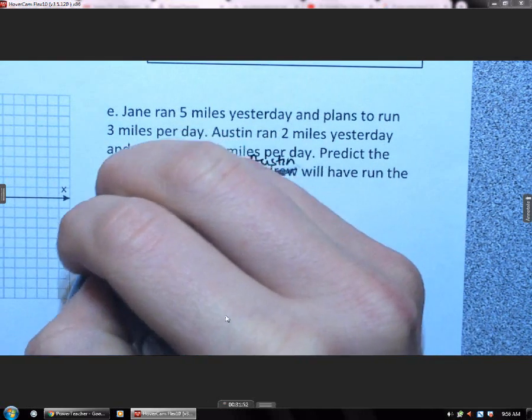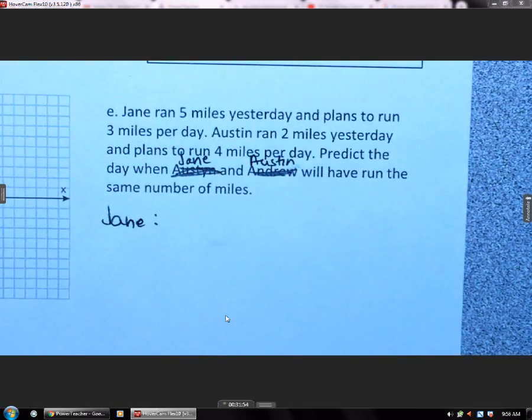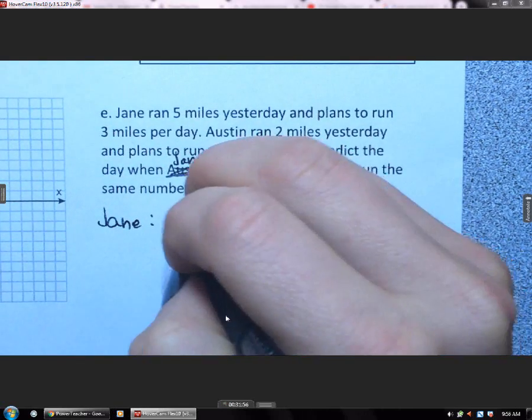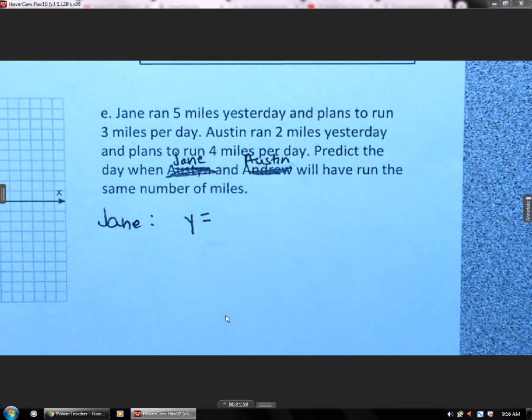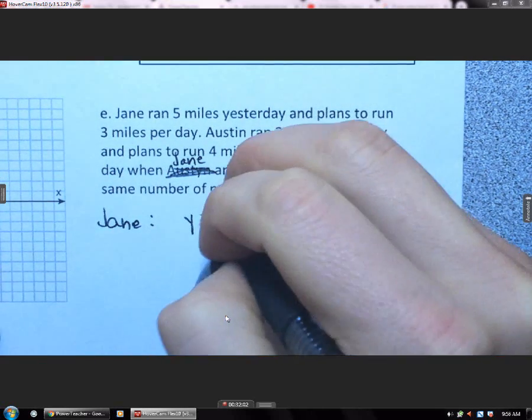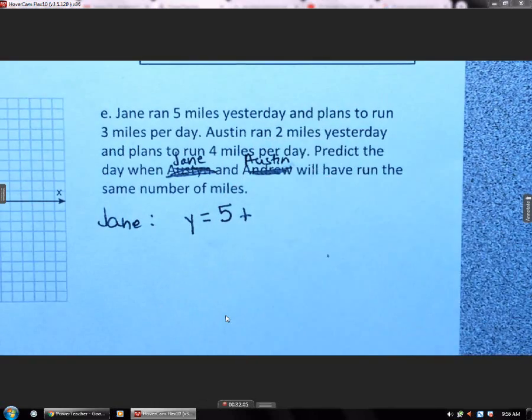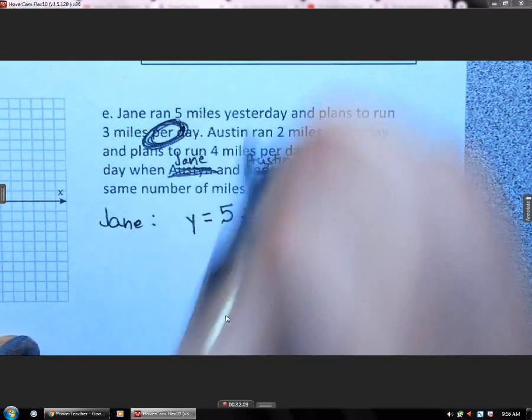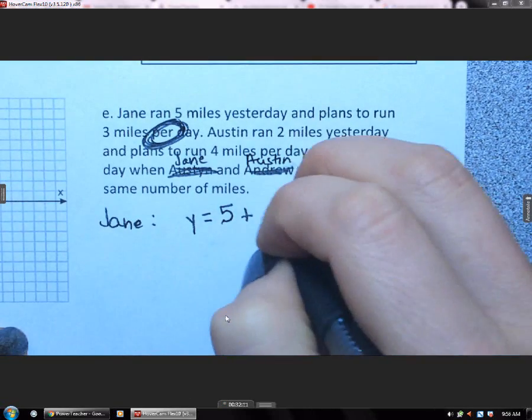So let's write an equation for Jane. Jane ran how many miles yesterday? 5. Plus, she's going to run 3 miles per day. Whenever you see that word per, that's a good sign that it's going to be an x.